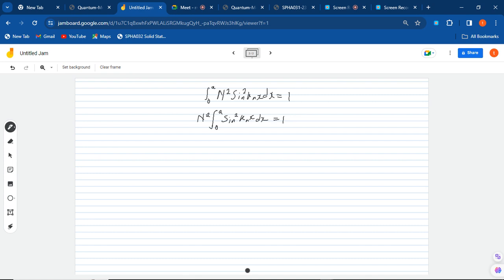Okay. And here now, this is one of the integrals that you must keep in mind, the one for sine squared.